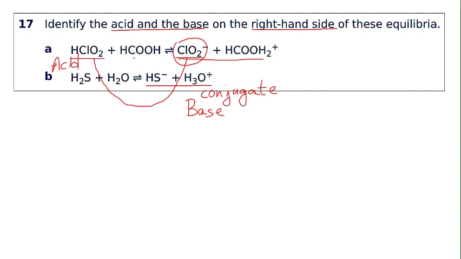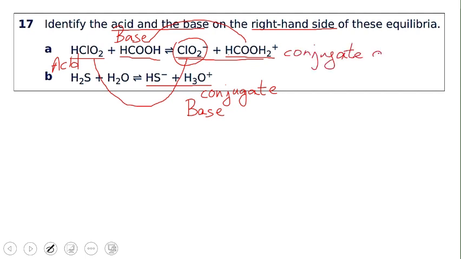Same way, we can check HCOOH is changing into HCOOH2+. When it is changing into HCOOH2+, it is accepting one proton. It means HCOOH, because it can accept proton, will be known as a base here. And after accepting proton, the product will be known as conjugate acid.